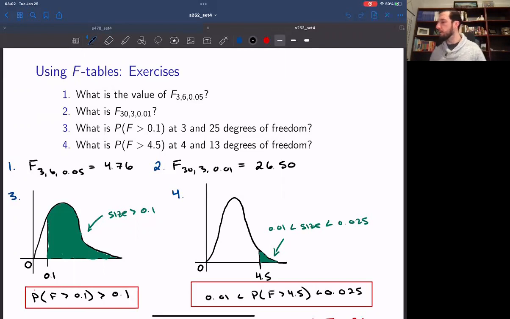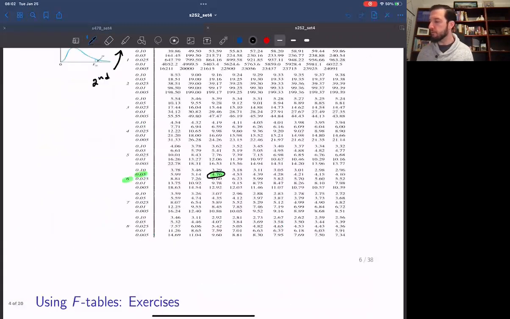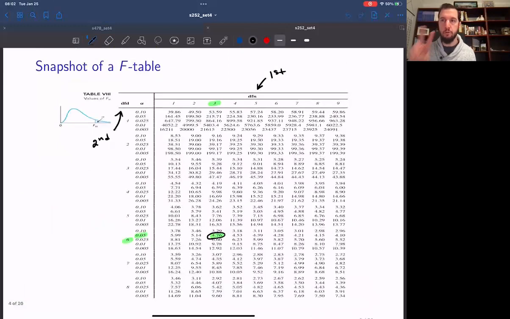Okay, so we finished off looking at 4 examples. The first 2 are critical value examples and the second 2 are p-value examples. Very briefly, as a reminder, the F table is a table with 2 degrees of freedom, and it works very similarly to a T table, except that you have a 3-way match, DF1 to DF2 to the significance level.